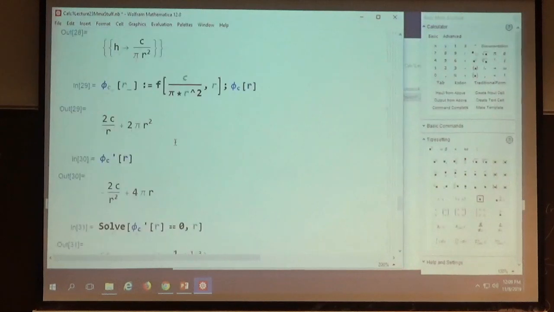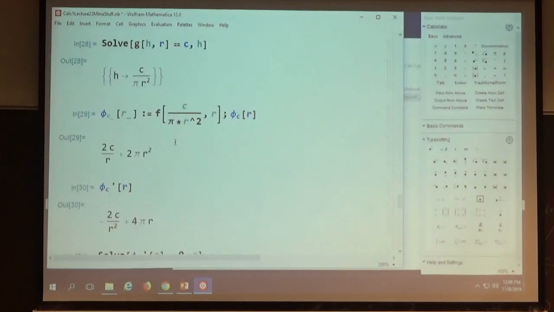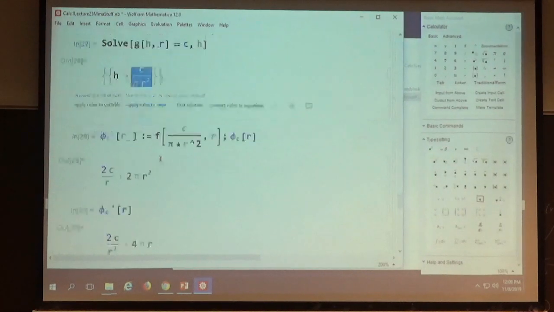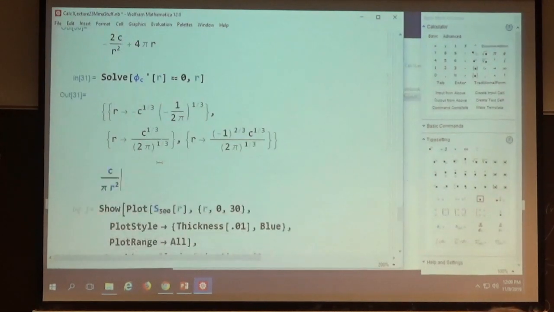I can now find h by plugging into this expression. So let's copy and paste that expression. Here's the way you'd plug it in. You'd go slash dot. This is something a little weird. I can replace r by this thing.